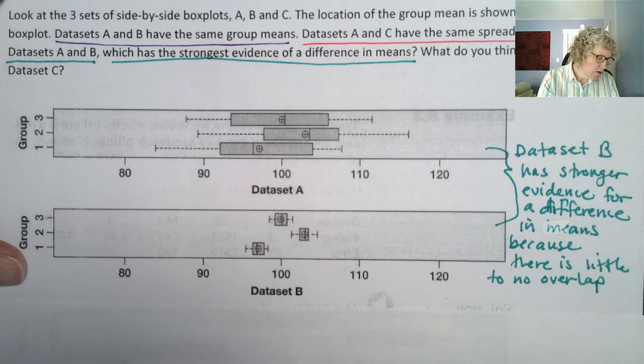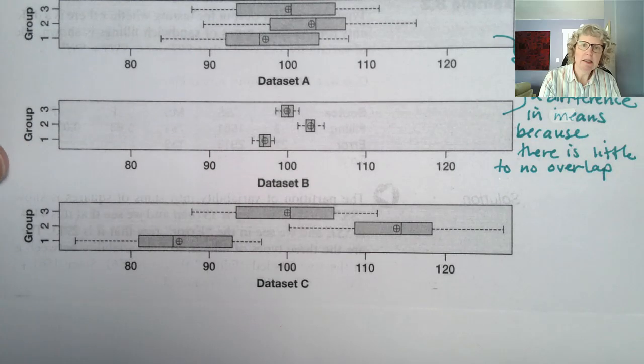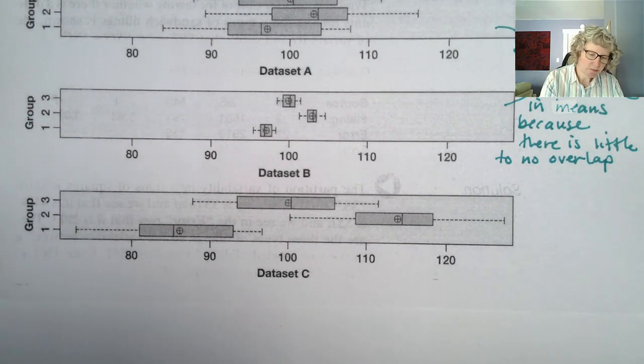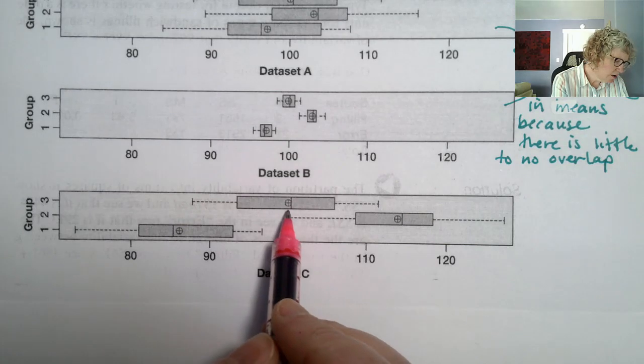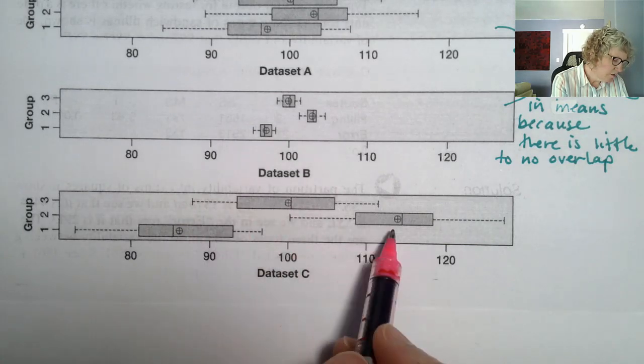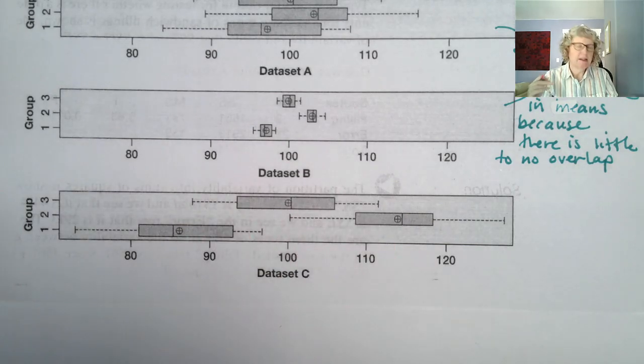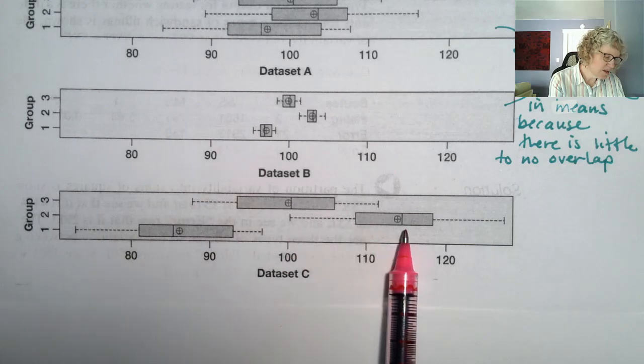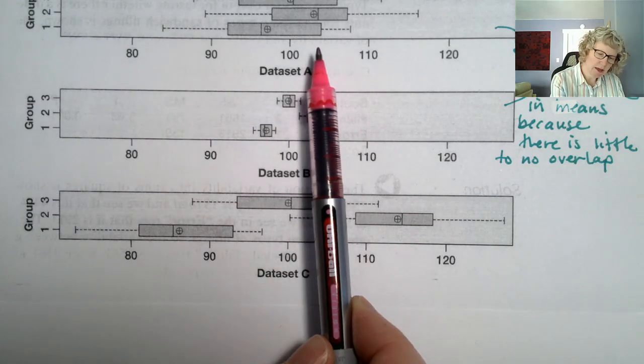Okay, then what do you think about data set C? Now that we've talked about those two. So this one, these are also quite a bit different because they've taken data set A, but they've spread them out, right? So now these look more significantly different than A, right?